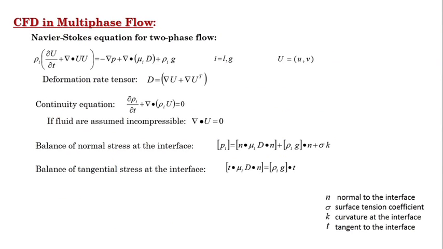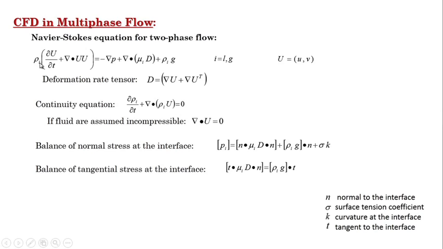As our focus is on multiphase flow, let's talk about CFD in multiphase flow. Here is the Navier-Stokes equation for two-phase flow. This same equation will be solved over the whole domain. Here rho is the density, u is the velocity field, p is pressure, mu is dynamic viscosity, g is gravitational acceleration.